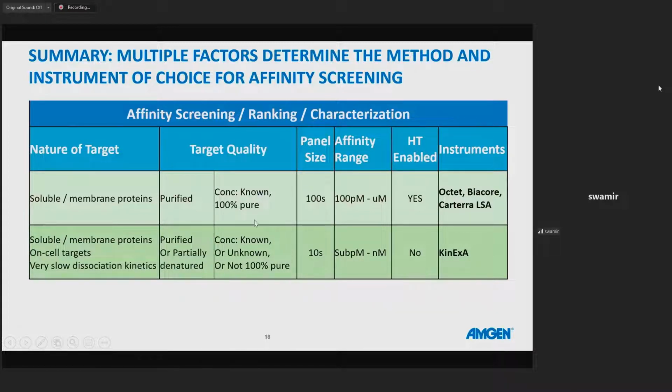But most of the time we use this first to nail down the molecules to tens from thousands, and then use KinExA to measure or rank the very high affinity ones.